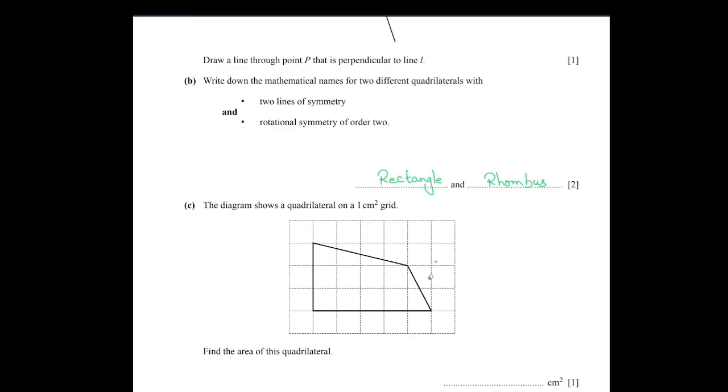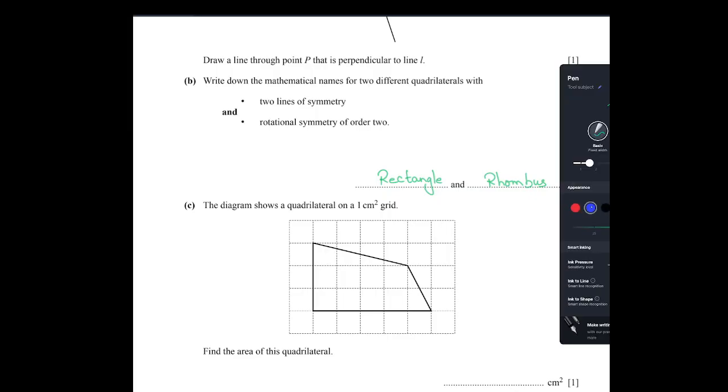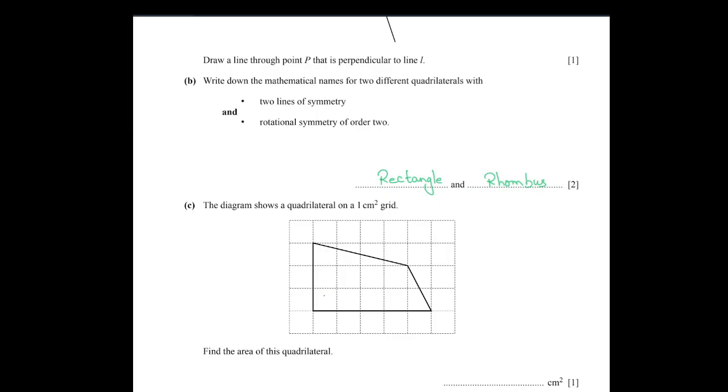Let me change the color. One complete square, 2, 3, 4, 5, 6, 7, 8. Now we can take these two as one complete square, so 9.